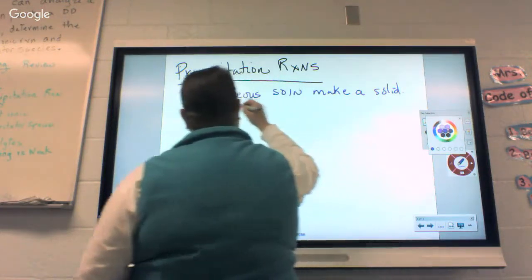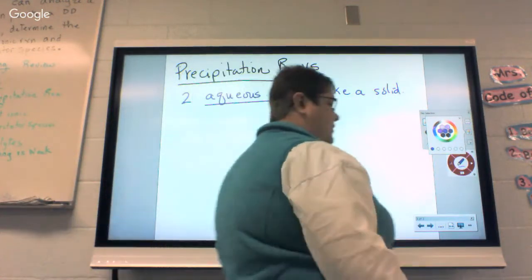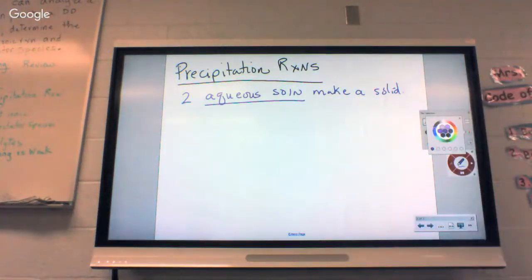The only thing I changed is instead of saying two liquids make a solid, I changed it to two aqueous solutions. Because instead of saying two liquids, we're more sophisticated now. We know that aqueous solutions are essentially solids dissolved in water, right? So, if we have two solids dissolved in water, when we mix those things, they will form a new solid.